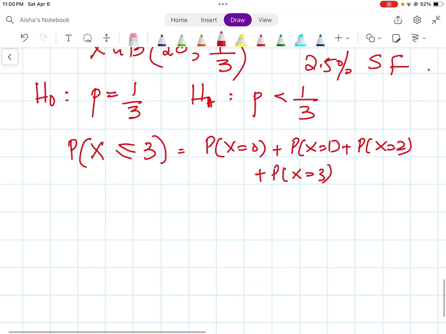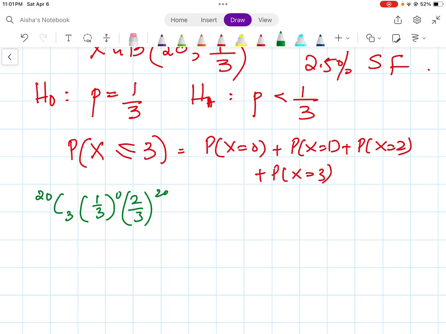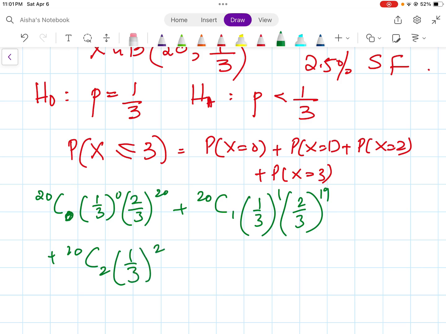What is the binomial formula? 20C0, 20C1, 20C2, then 20C3.